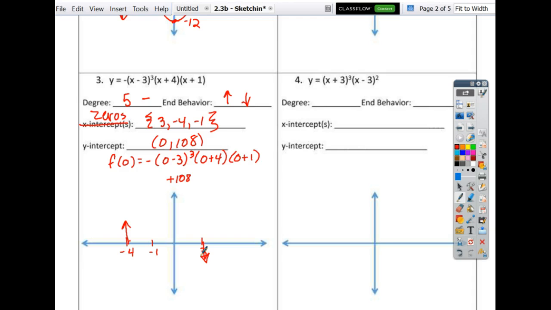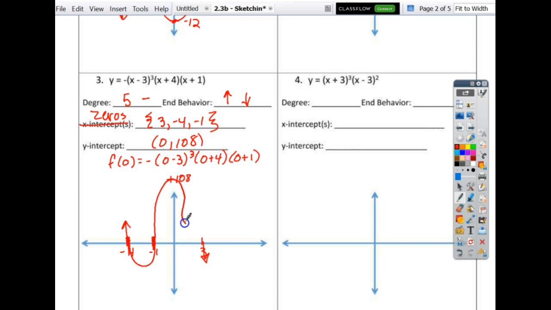Okay? And then what's the exponent at the negative 4? So what does that tell you? I have to go through, and at negative 1, I also have to go through, and here I'm going to have a point of inflection. So if I go through and then I have to come back up, what do I have to go through next? The 108.